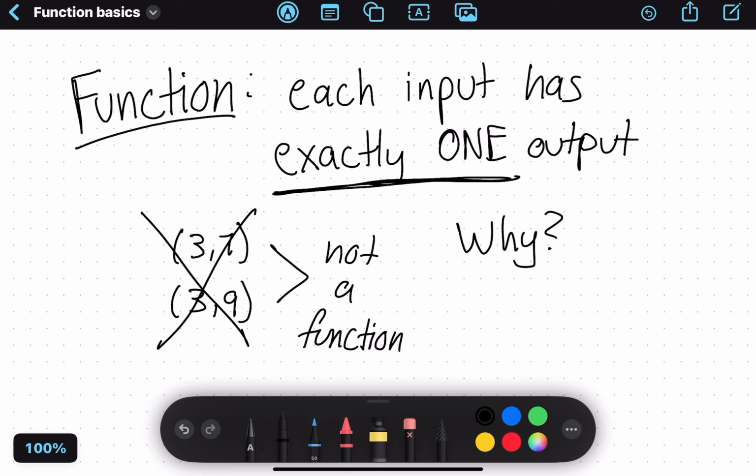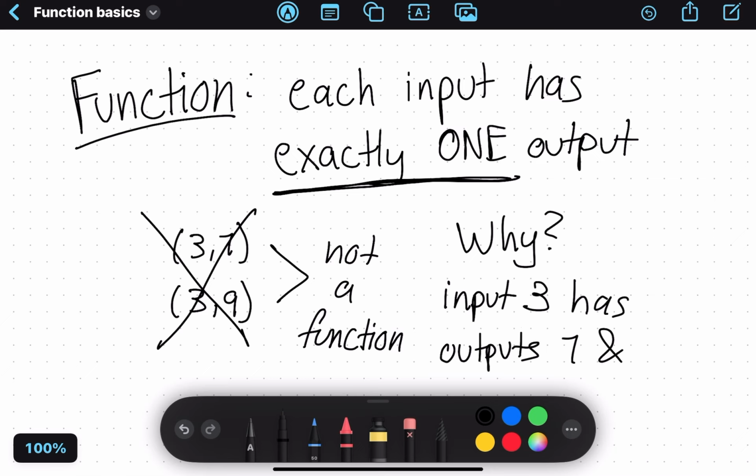Because the input 3 has the output 7 and 9. Right? Because our X value here is 3, but when X equals 3, Y is 7 and 9. And this is no good. That is not a function.